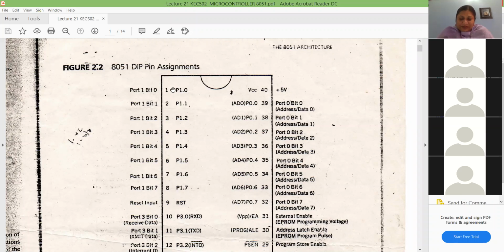Suppose you are writing a program with 8051 and your program exceeds 4K, going up to 5K, then you just have to replace 8051 with the 8052 microcontroller IC. So these are the basic things about microprocessors and microcontrollers.